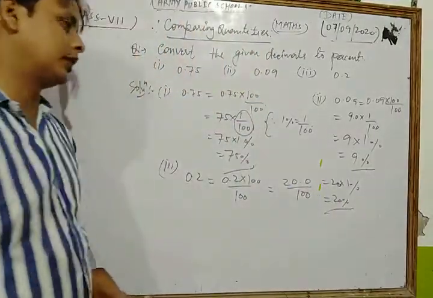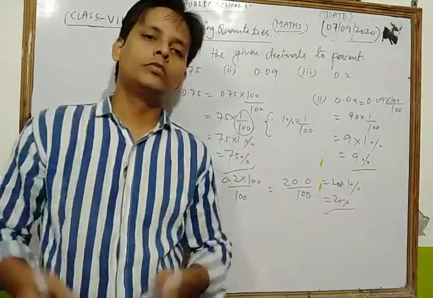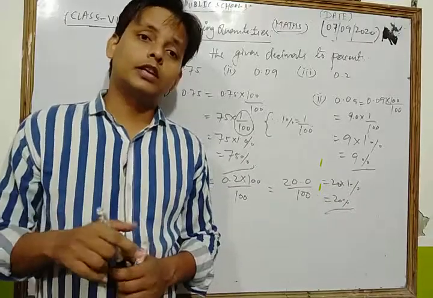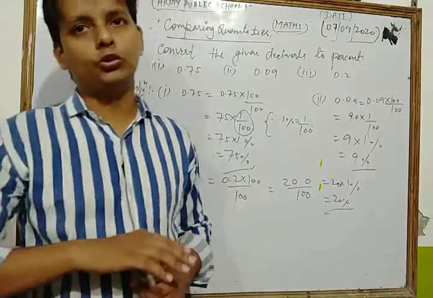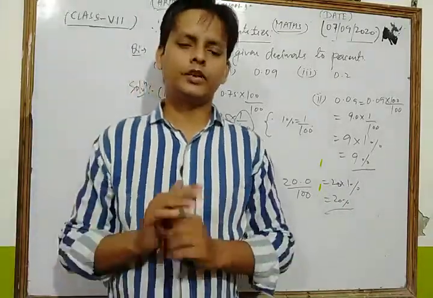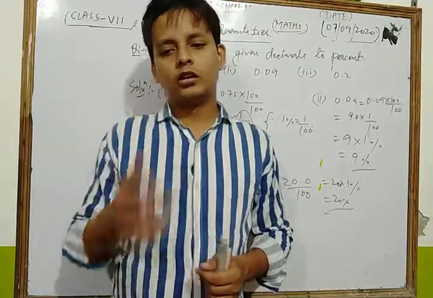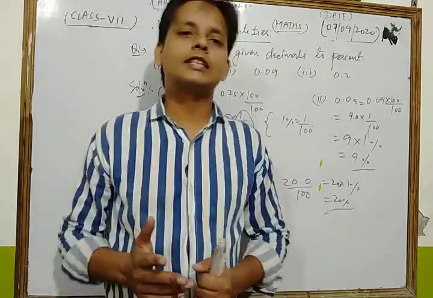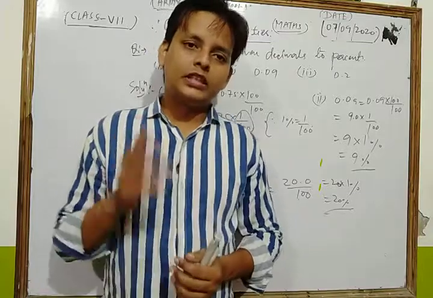So dear students, in this way you can convert each and every number into the form of percent. This is a very easy concept, so you can solve all the questions of your NCERT exercise based on these topics.